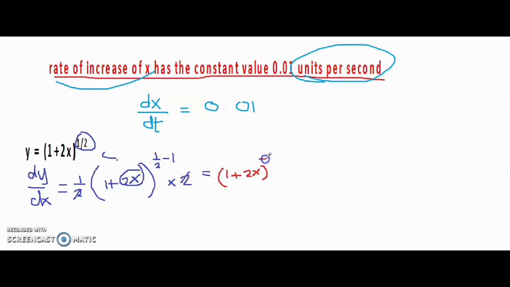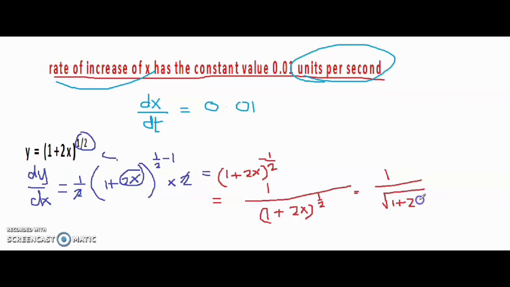Half minus 1 is minus 1 over 2. That can be written as 1 over (1 plus 2x) the whole raised to 1 over 2, which is equal to 1 over square root of 1 plus 2x as dy by dx.